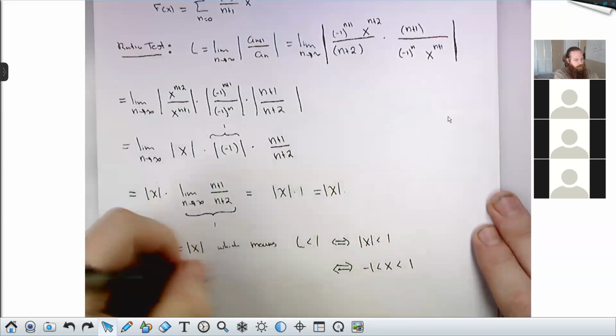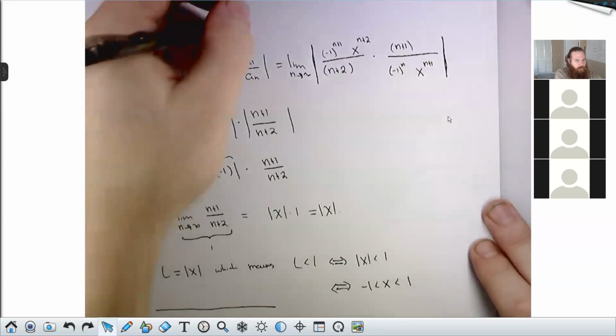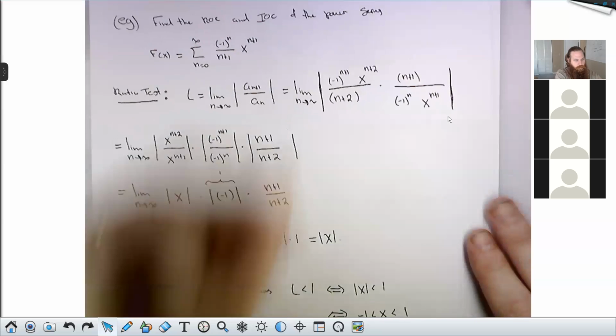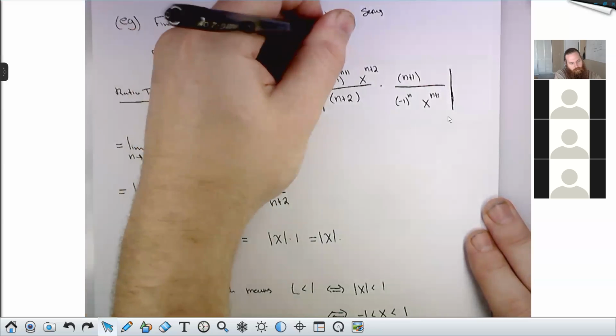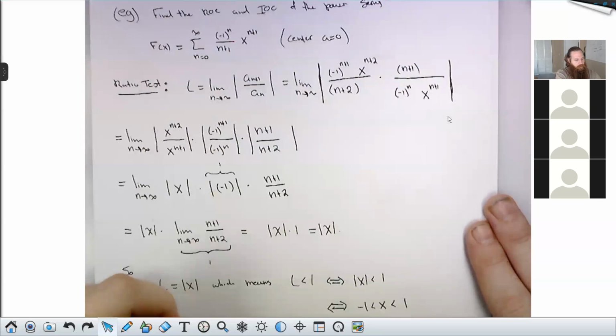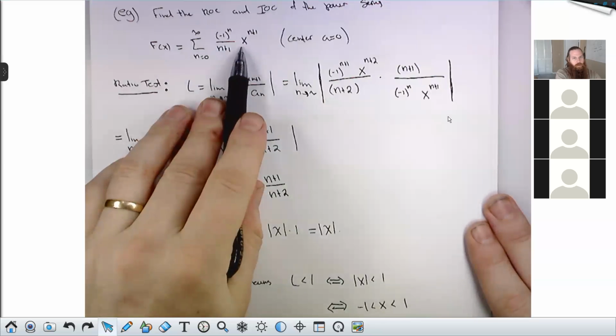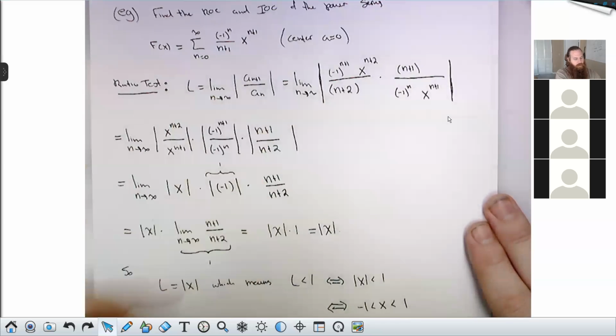So if I go drawing my interval of convergence, this series was centered at 0, because x to the n plus 1 is the same as x minus 0 to the n plus 1.